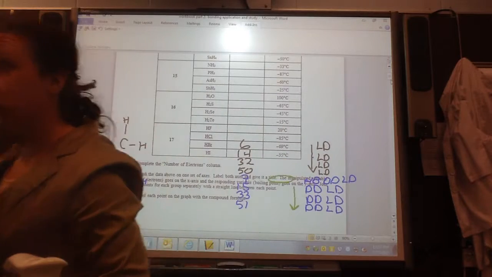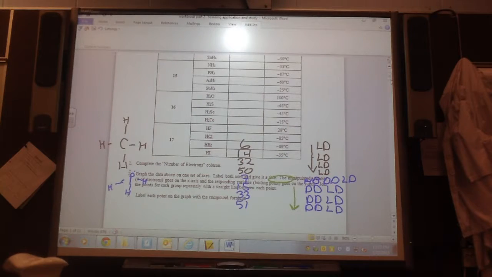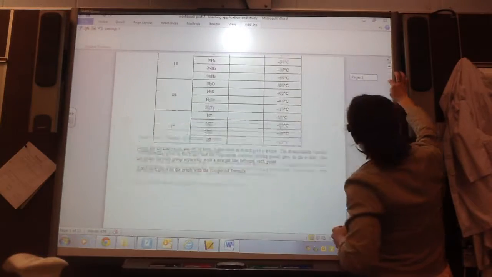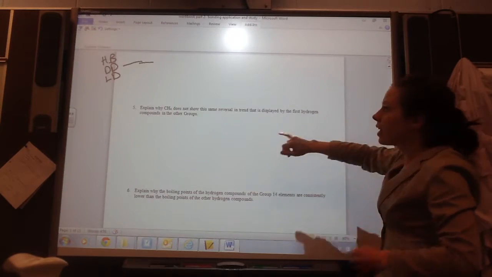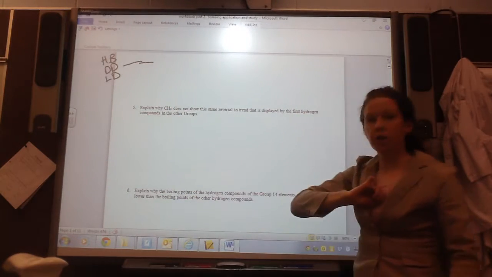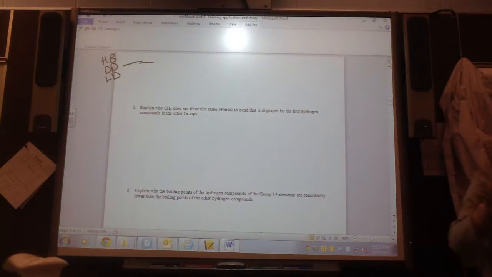Yes, because it has that very strong intermolecular force, it has that higher boiling point. Okay. So that's what those questions would be taking you through. And then it says, why does CH4 not show this same trend? Well, same as we talked about. You look at the intermolecular forces that it has.